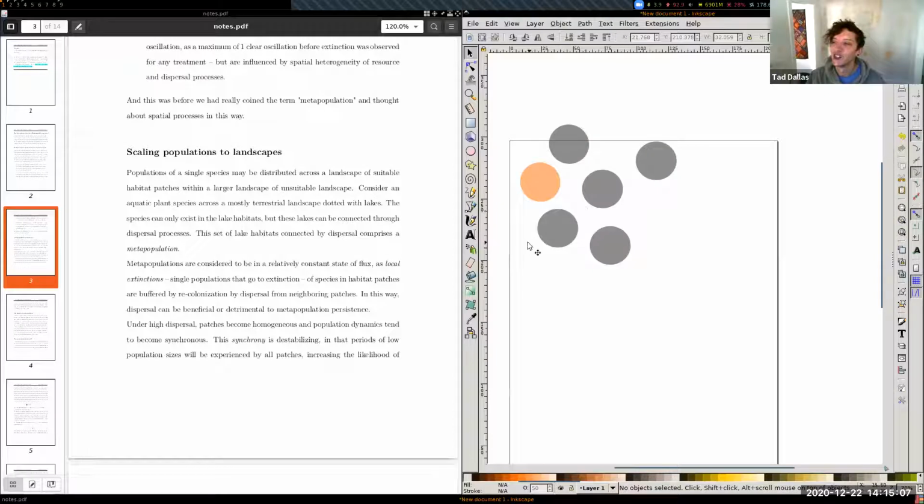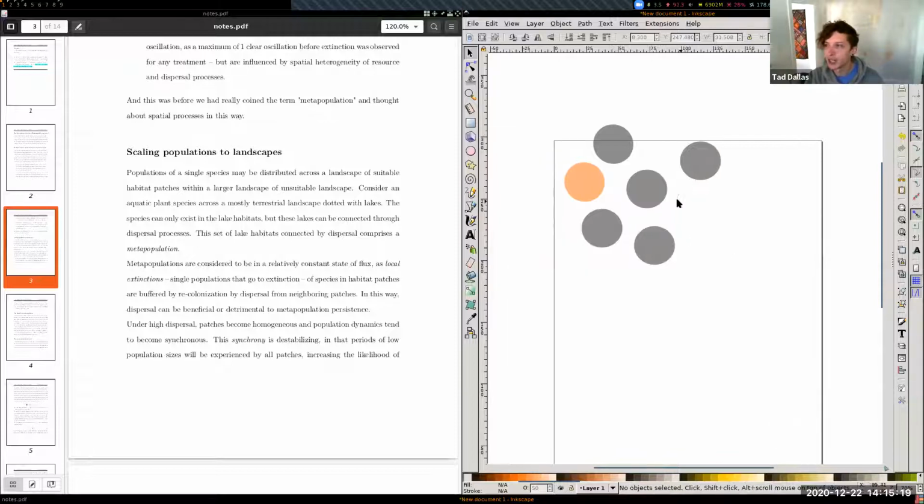The two patches that were previously occupied are now unoccupied, and only this one patch is occupied. So occupancy has now dropped to 1 out of 6. And this is characteristic of metapopulations. They're constantly in a state of flux, where patches become occupied and then unoccupied fairly regularly.